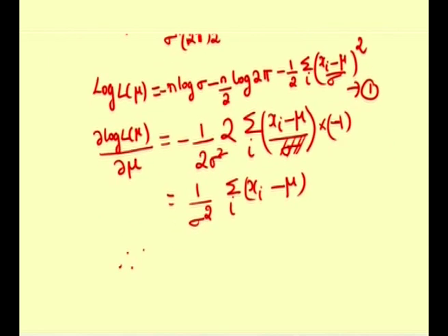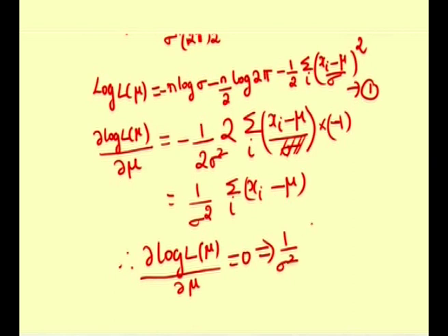Therefore the next procedure is ∂ log L of mu by ∂ mu equated to 0. So this implies 1 by sigma squared summation over i of (xi minus mu) equal to 0.